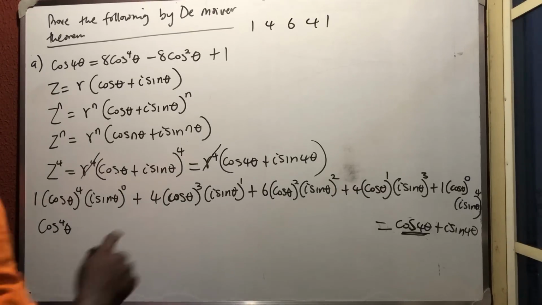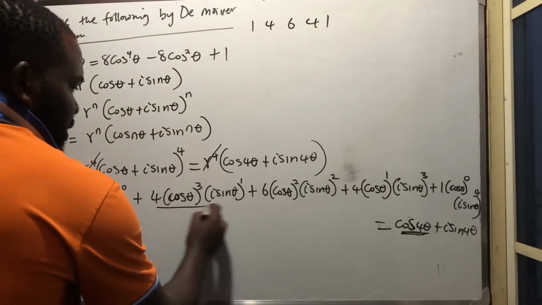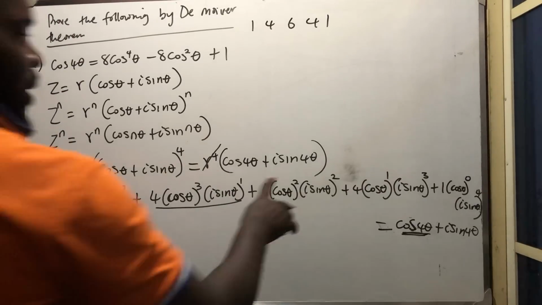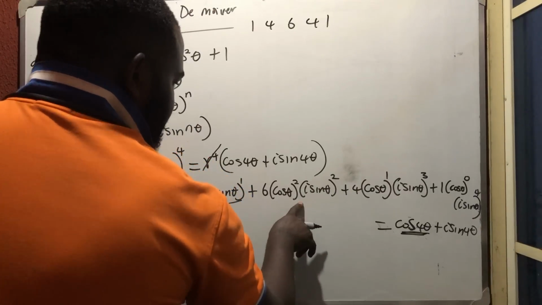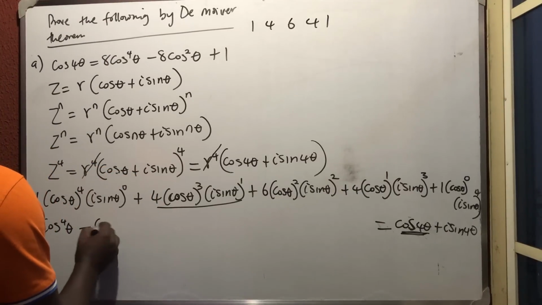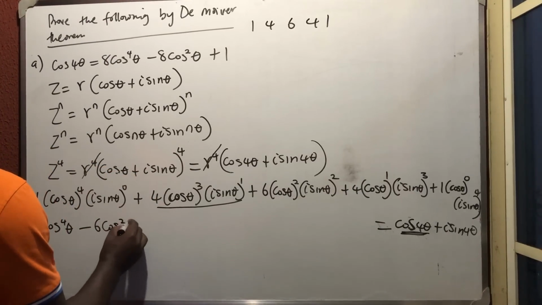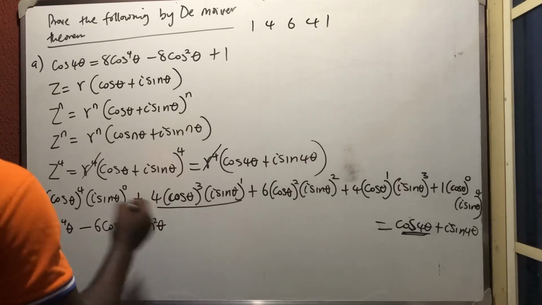Cos 4 theta. Now, i raised to power 1 is i. So i will be here. I'm not interested in this one. Now, i squared is minus 1. So the i will disappear here. I'm interested in this one. So i squared is minus 1 times this, which will give you minus 6 cos square theta sine square theta.